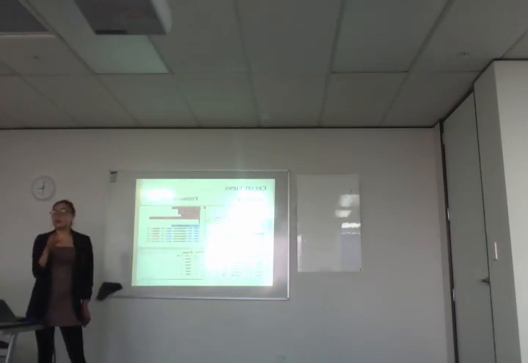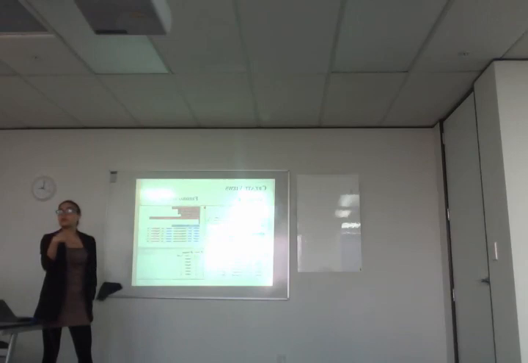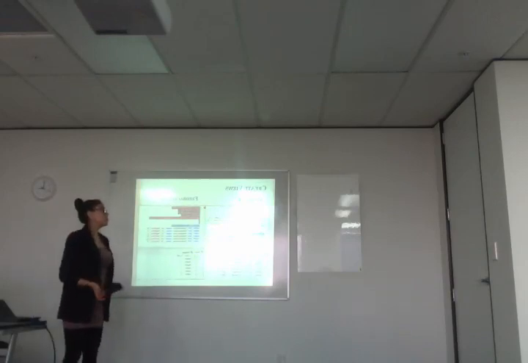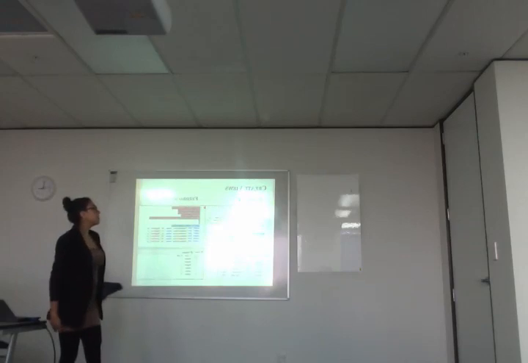Then we have to create views and assign those views to each user depending on the level of the user and what kind of information we want the users to get access to.